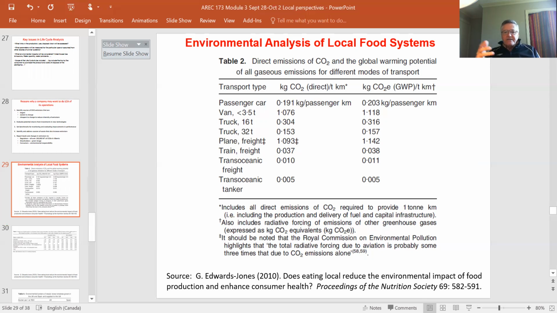So it depends what kind of form of transport you're using. Consumers are relatively inefficient. You can see the cost per kilometer per passenger of driving a car. So if you're driving a car to go and pick up your beef, then that's way less efficient than other forms of transport like the truck.